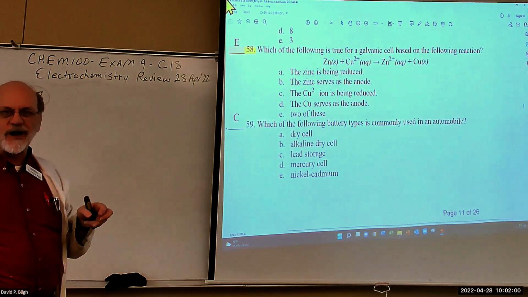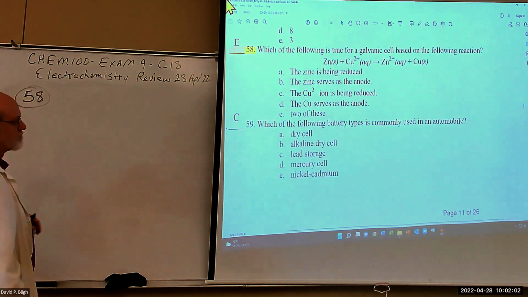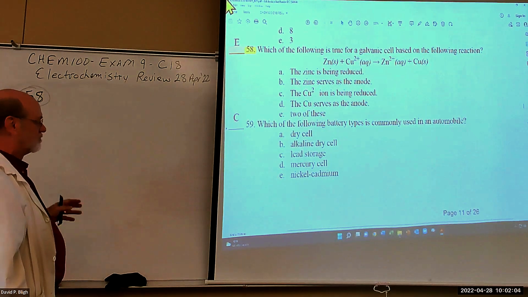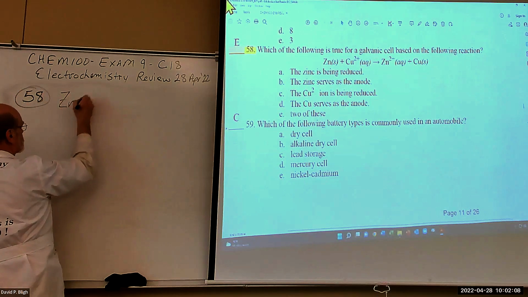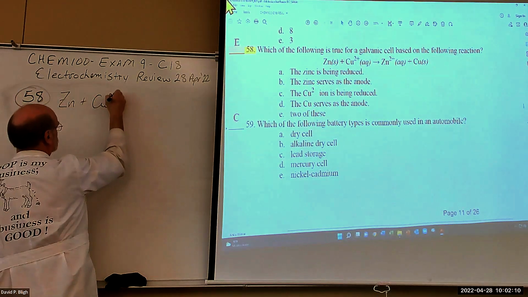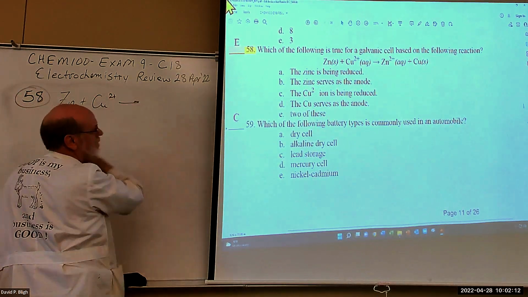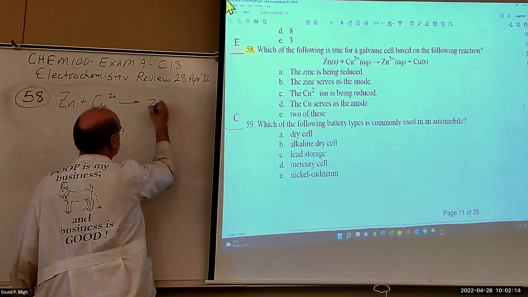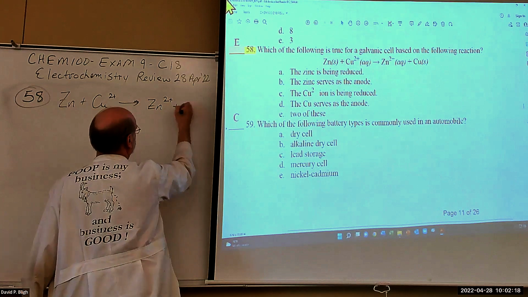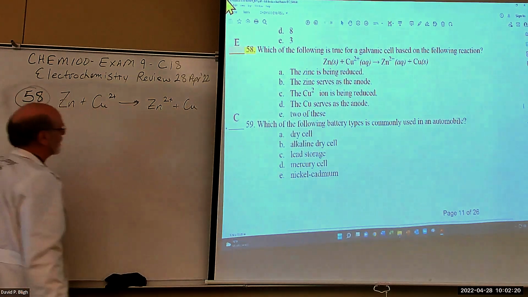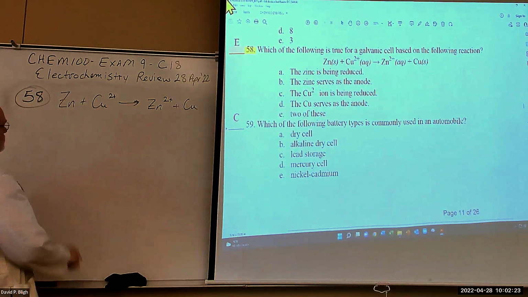Okay, so we need to describe this reaction completely. We're starting off with zinc plus copper 2+, and then we get zinc 2+ and copper. Okay, so which one's which?